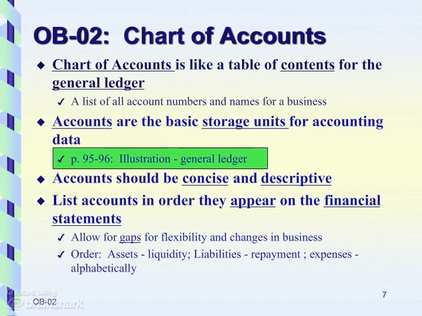Typically speaking, the order of the different categories is as follows. Assets are listed in liquidity order. Liabilities are listed in order of how quickly they are repaid. And expenses are typically listed in alphabetical order.